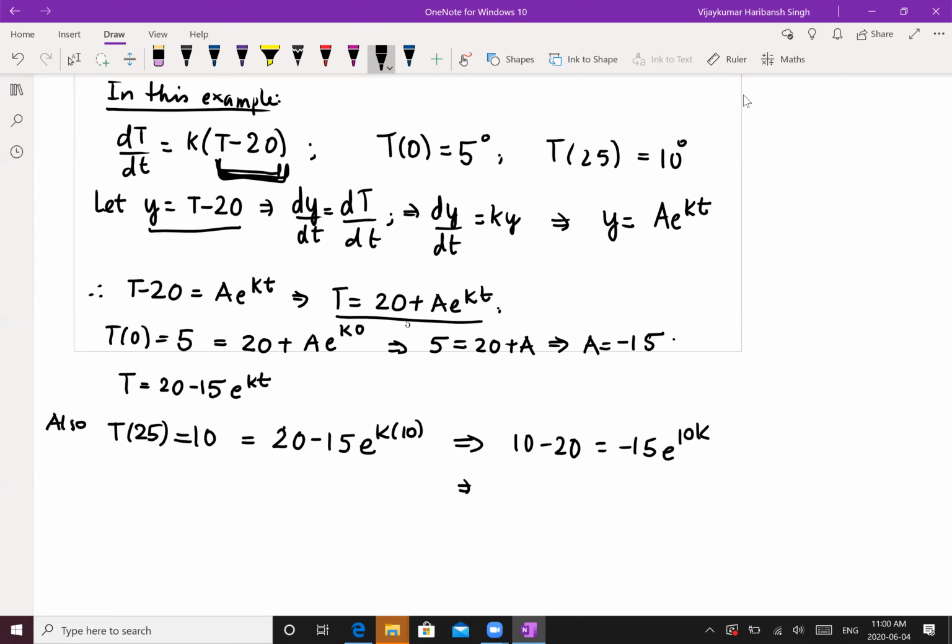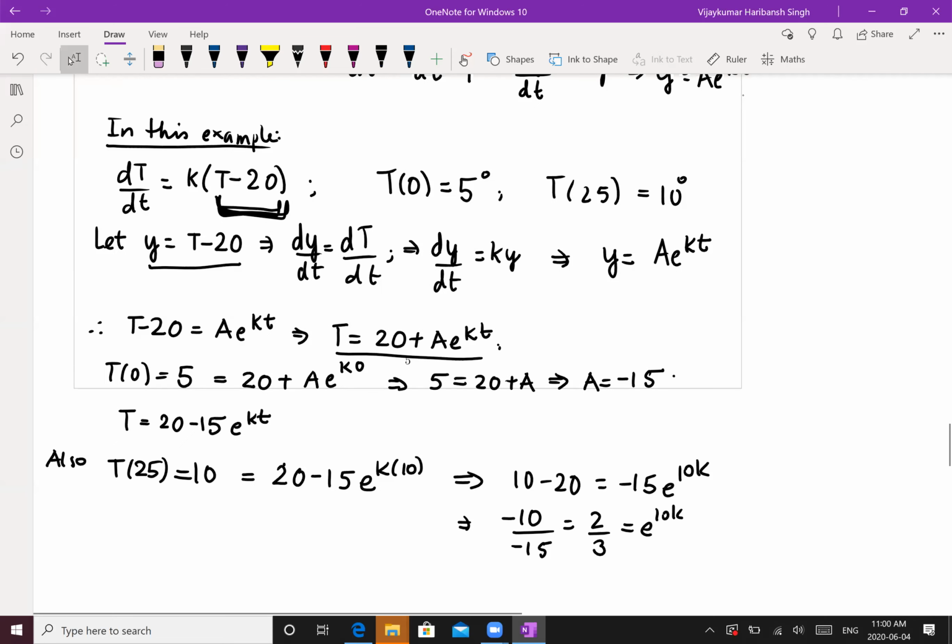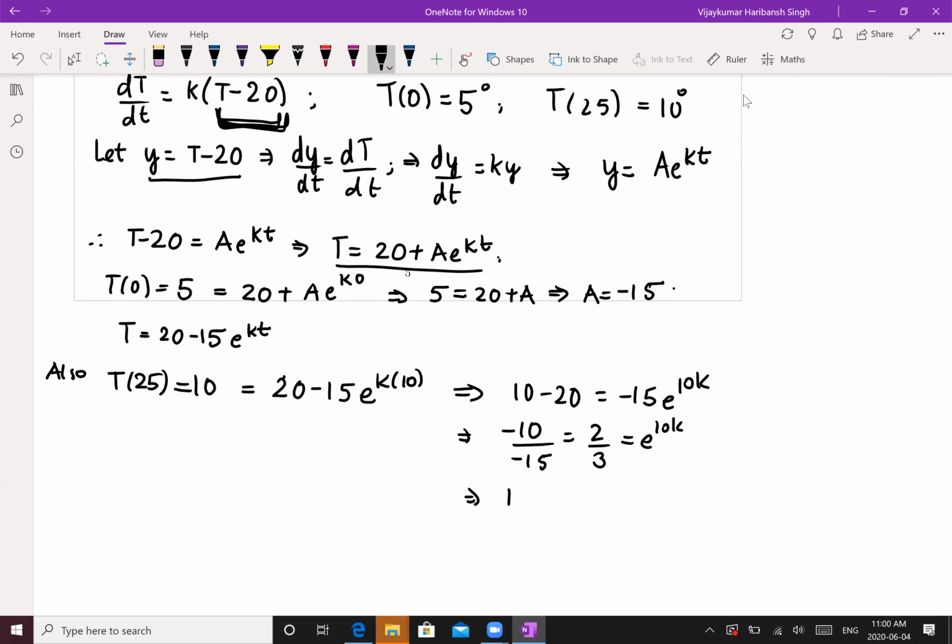This gives me that minus 10 by minus 15, which is going to be 2 by 3, is e to the power 25k, or k is going to be ln of 2 by 3 divided by 25.